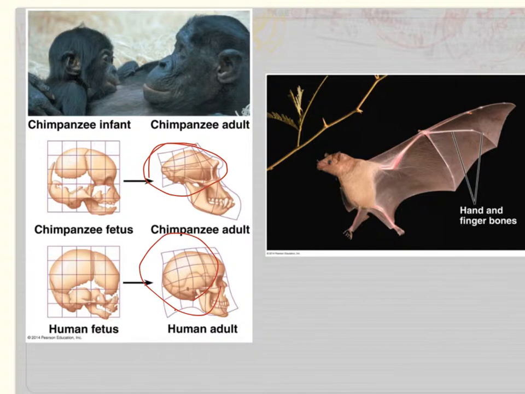So those are developmental genes and the timing of those that are causing the differences, because the bones are the same. It's just how they're shaped and formed that's different.